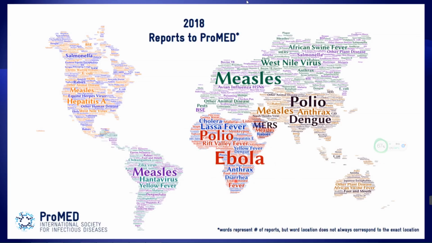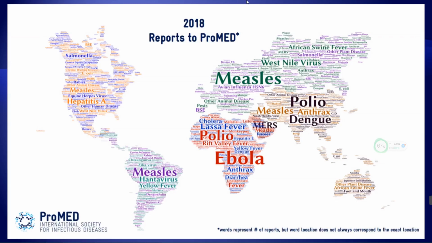Measles within South America, as well as Zika virus, which was predominant back in 2017, 2018. In North America, not a lot in terms of what's happening here. We didn't see a huge measles outbreak, but we did see a measles outbreak in the States, quite a bit, especially in New York. And very interesting, it gives a sort of big picture of what's going on at that particular time.